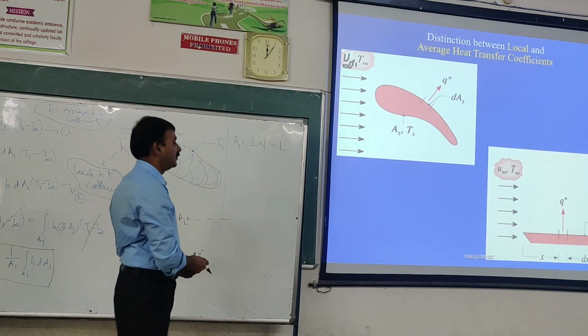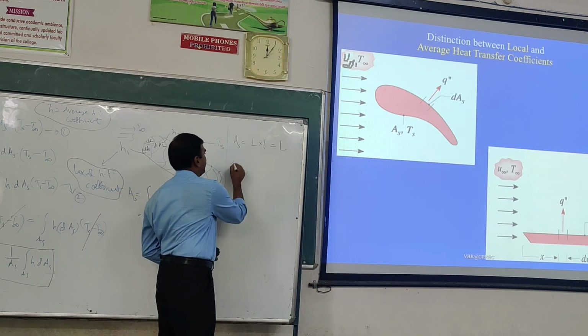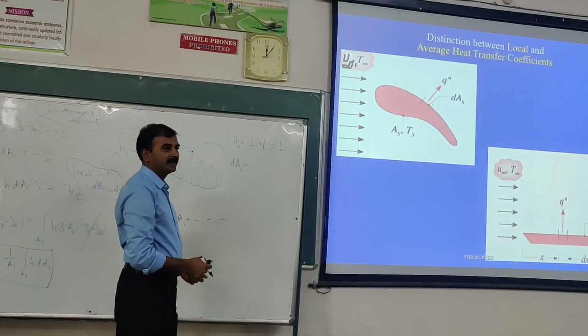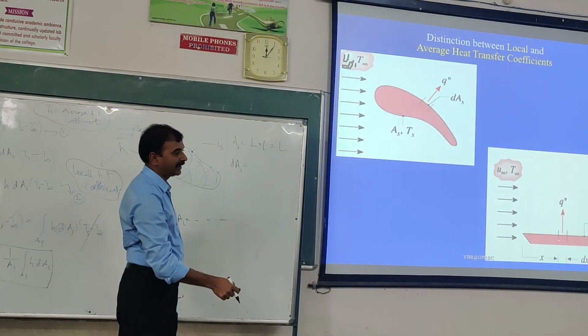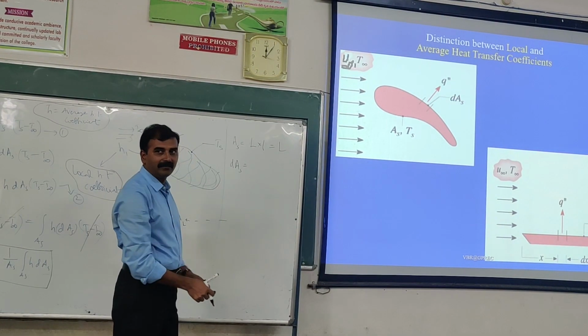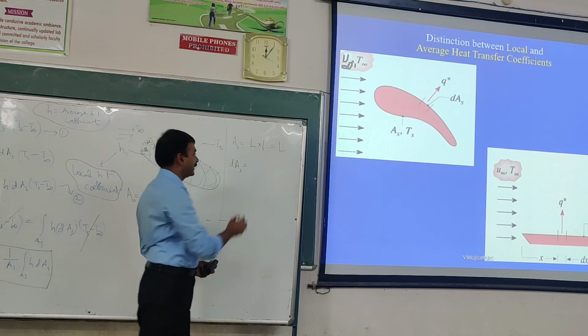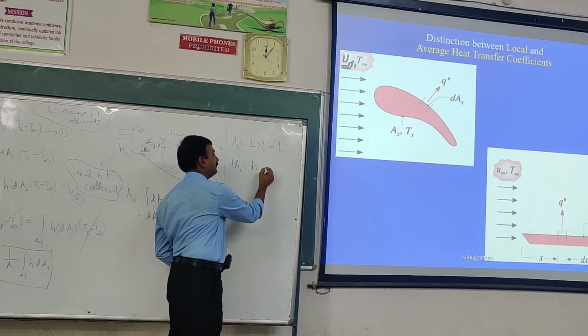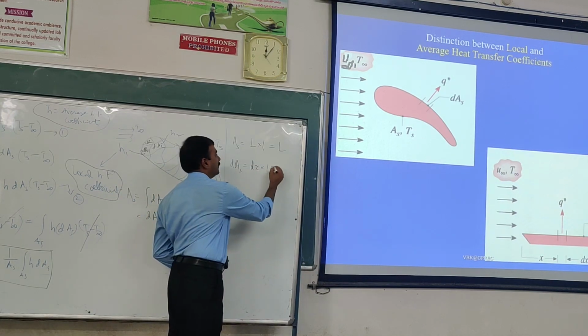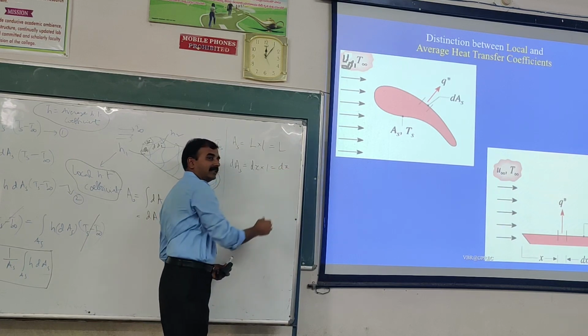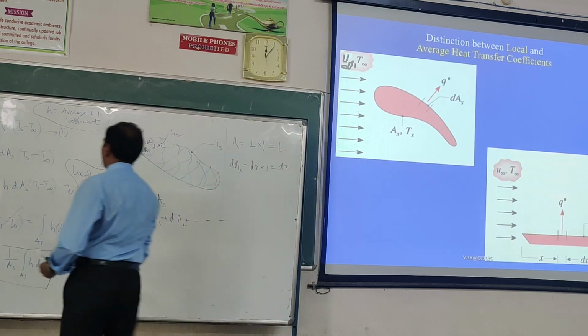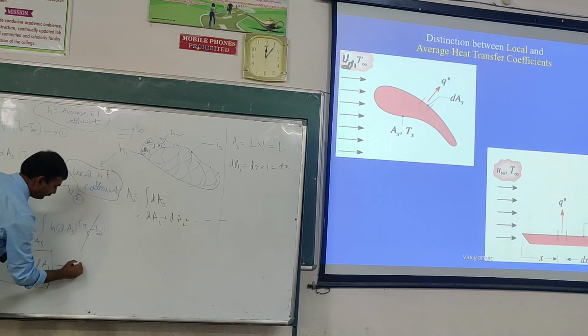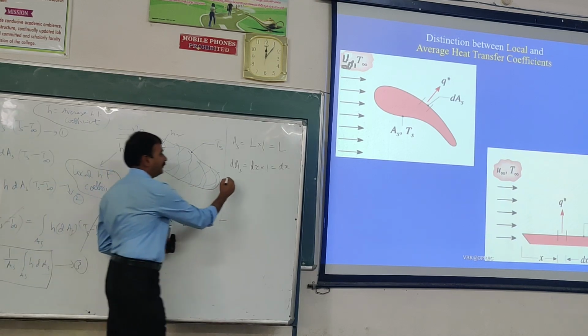So now, what is the area dAs at that point? Length into width. What is the length here? dx. dx into what is the width? 1. So this is dx. Let us assume this as equation 3.